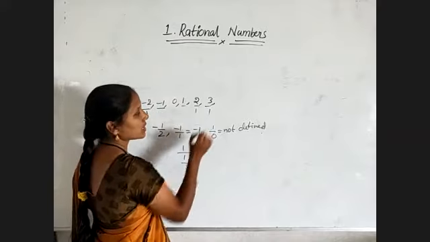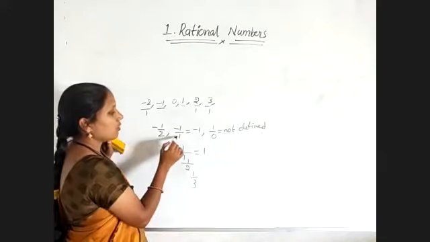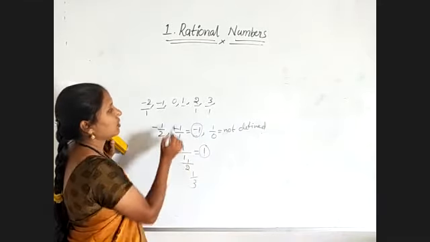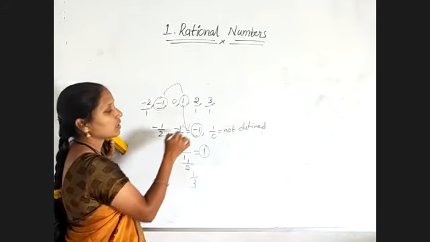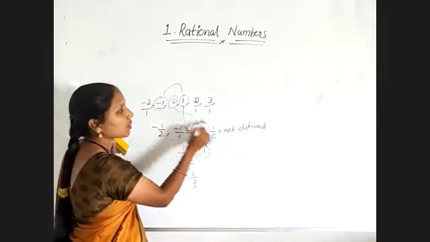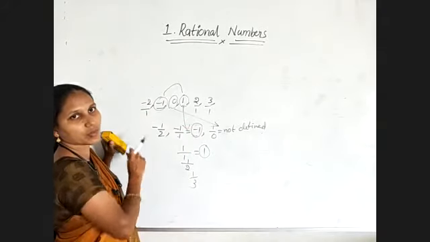Reciprocal of 3 is 1 by 3. So just observe all these numbers. For 1 and minus 1, we are getting the same number as the reciprocal. For 0, the reciprocal does not exist. And all the remaining numbers have different reciprocals.